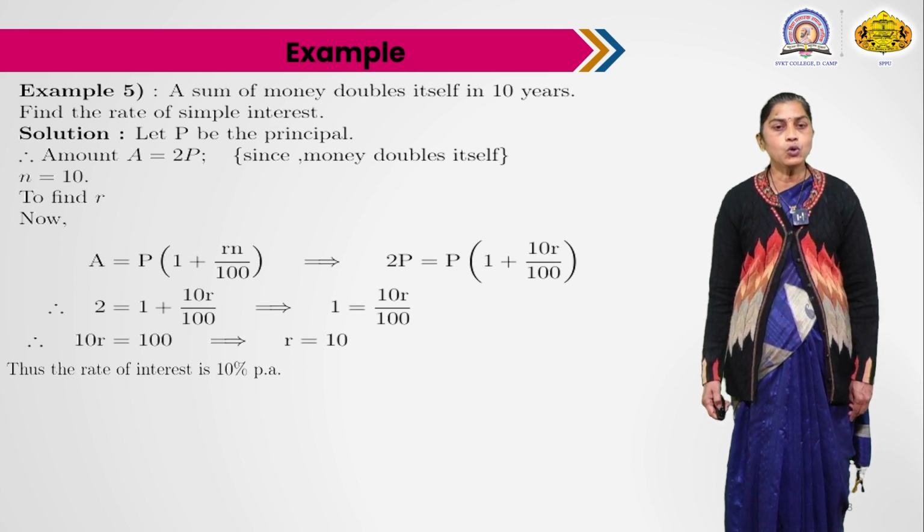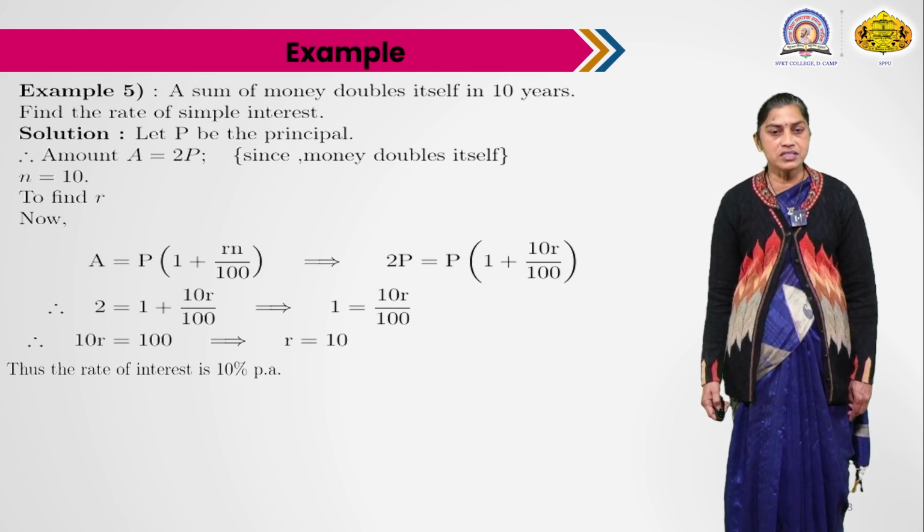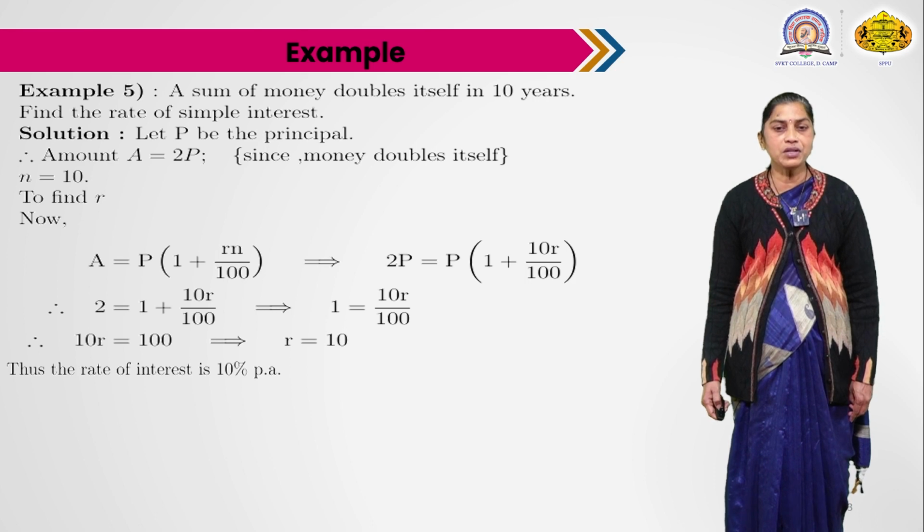Simplifying, we get 2 minus 1 is equal to 10R upon 100, that is 1 is equal to 10R upon 100. So, cross multiply, we get 10R is equal to 100, that is R is equal to 10, and therefore, the rate of interest is 10% per annum.